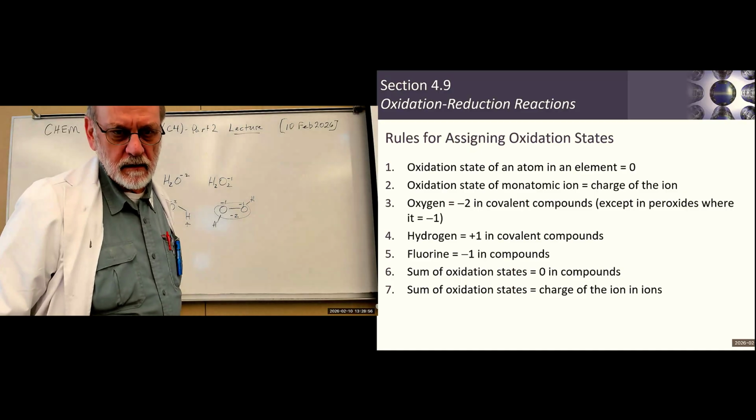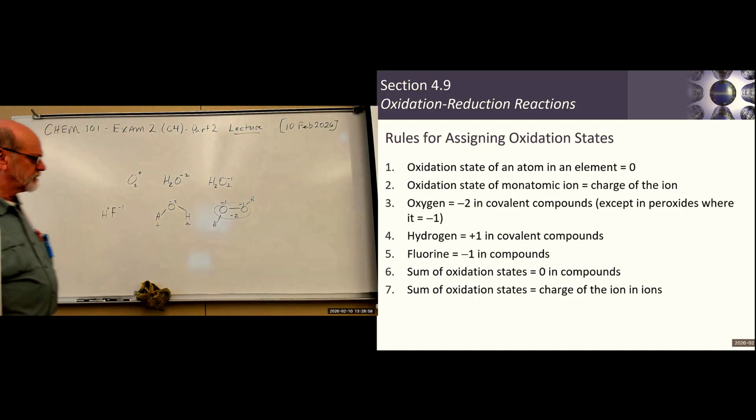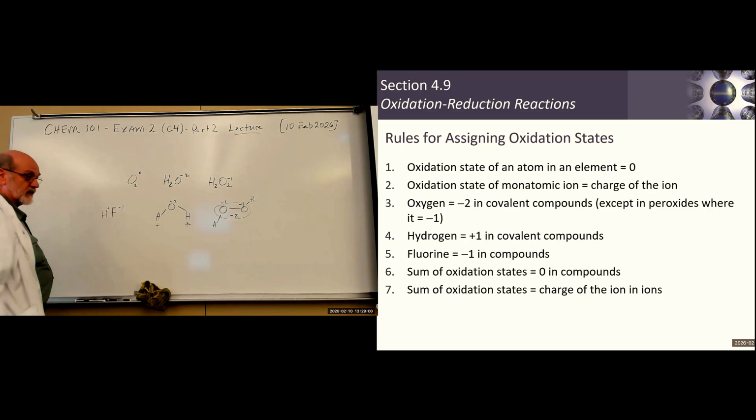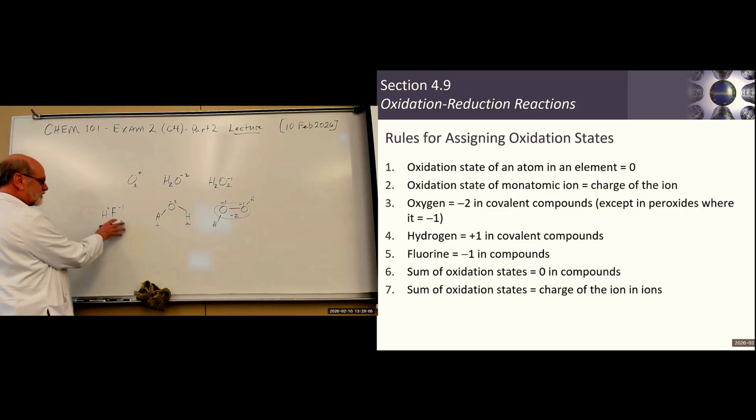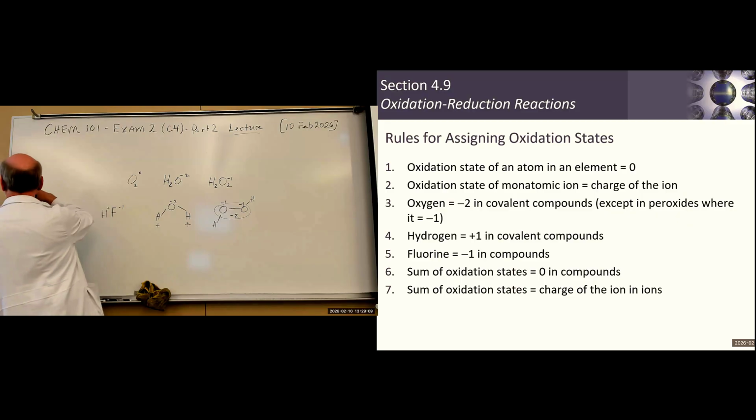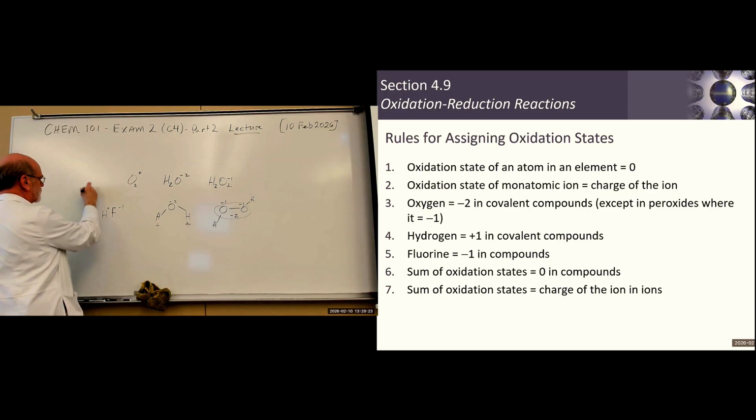Fluorine. Oh, I skipped over it. Yeah. +1 in covalent compounds. The exception to hydrogen is when it's combined with a metal. So this is hydrogen fluoride. If we say, how about, let's do magnesium.